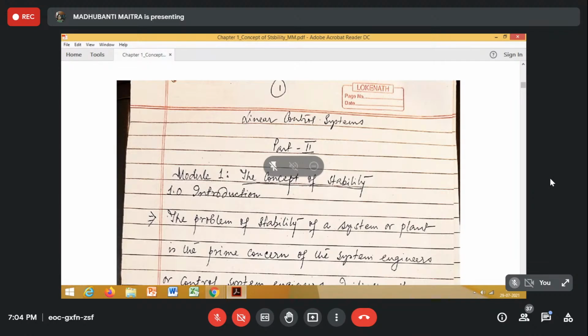So first of all, it's required to learn the definition of a system. Since you have already studied system theory, please tell me a few formal definitions of a system. How do we define a system?